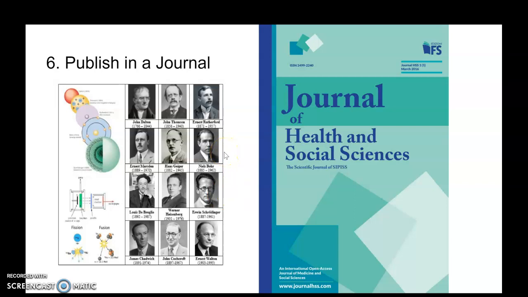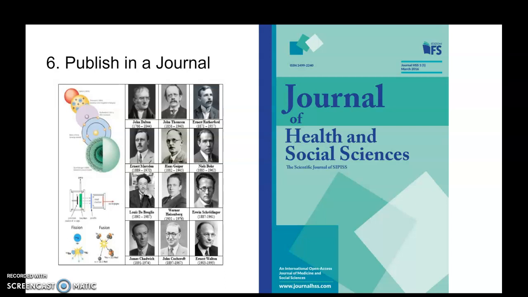You have to be publishing in journals a lot, and that's one of the requirements of being a professor. Or a researcher in general, even if you're not working at a university, if you're working at a research lab, you have to be publishing, because that's kind of like the currency for the research industry. If you're doing good research, you're publishing.